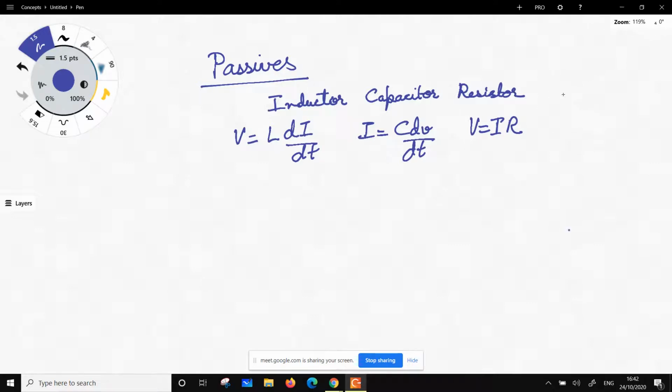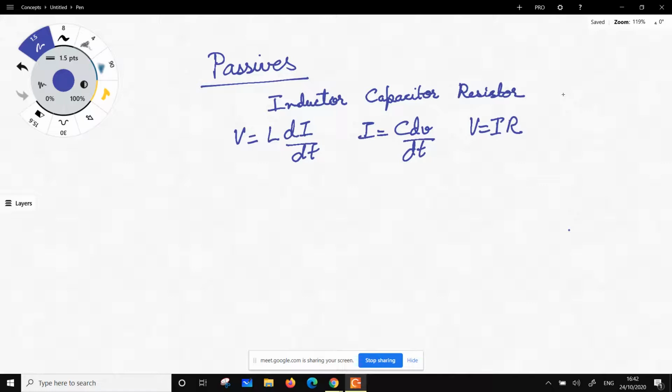Now for a capacitor, I is proportional to the rate of change of voltage, and the proportionality constant is C. In the case of an inductor, V is proportional to the rate of change of current, and the proportionality constant is L. So a resistance opposes the flow of current, which causes a voltage.